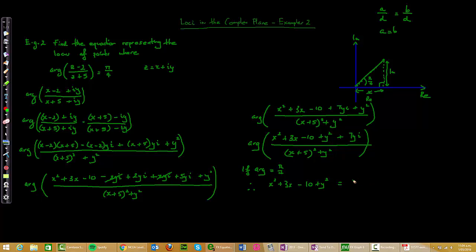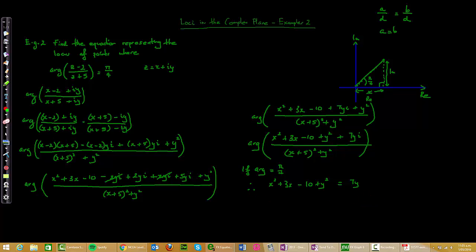So it must mean that the top lines would equal one another. The bottom lines are equal to one another anyway, so I'm going to remove them because it's not relevant here. So we end up with that statement there.